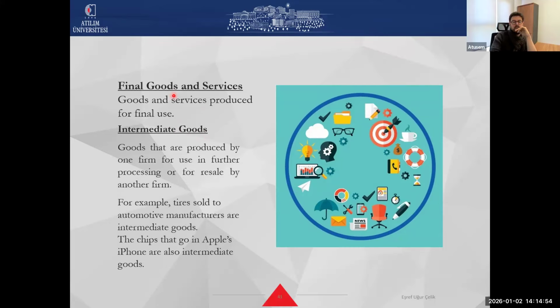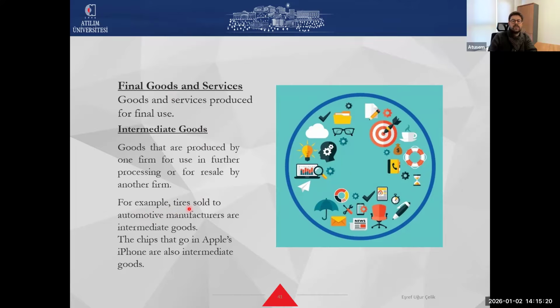So that is a really important thing to understand. Or look at another example. For producing an automobile, we can use tires. Those tires are not a final good. They help to produce the automobile.